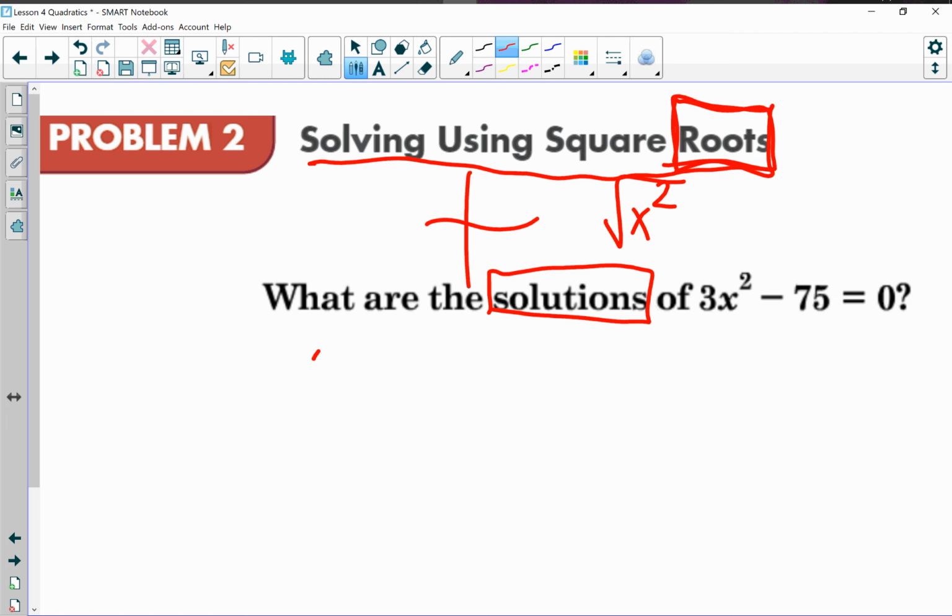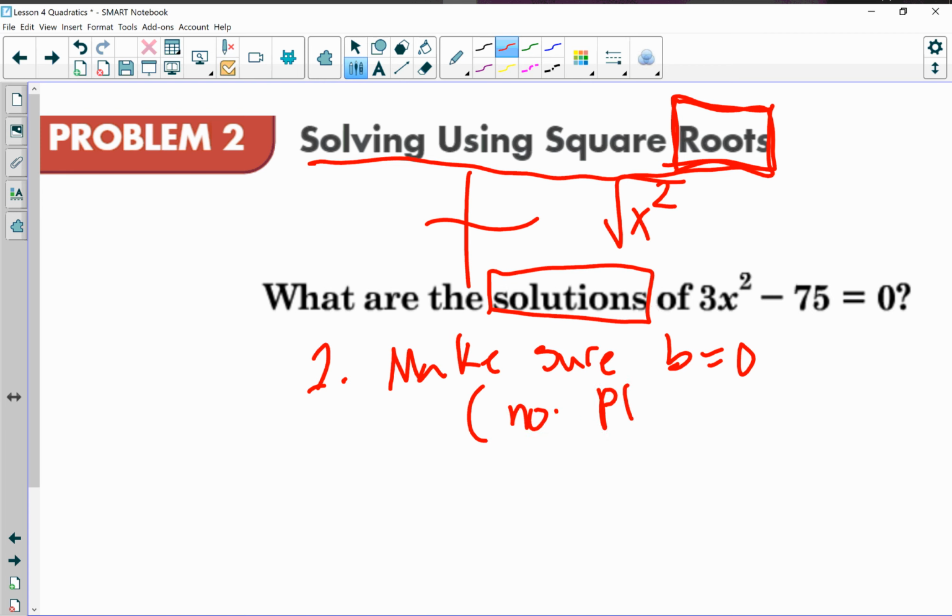So how you do this is, first, you're going to make sure that b equals 0. That means no plain x's, right? Normally it's ax squared plus bx plus c. So this is gone, there's no plain x's. So that's true.